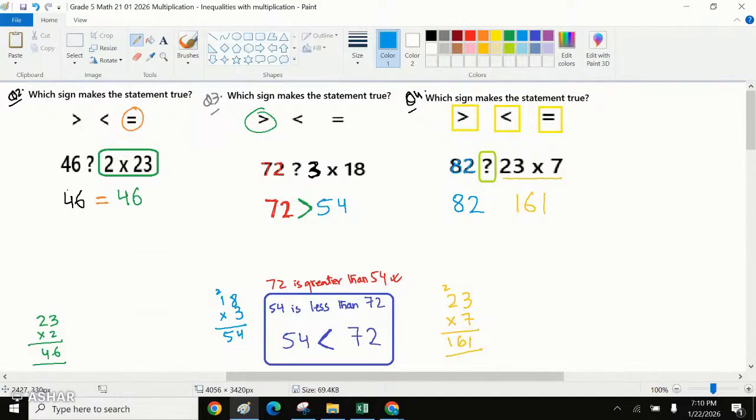I'm just saying a statement. So can I say this, 82 is less than 161. Do we agree on this? If I say 82 is less than 161, that is true, right?